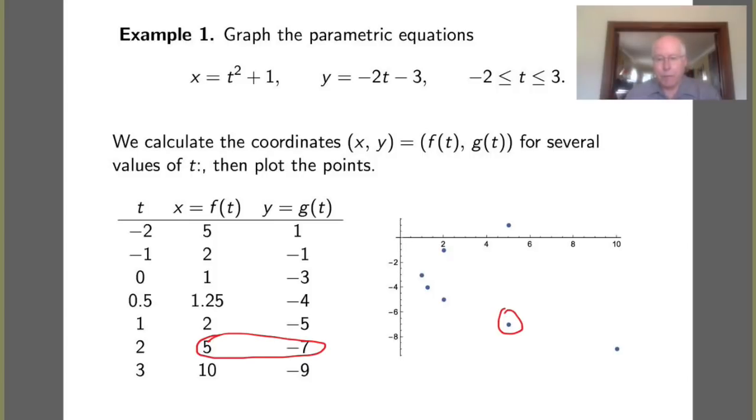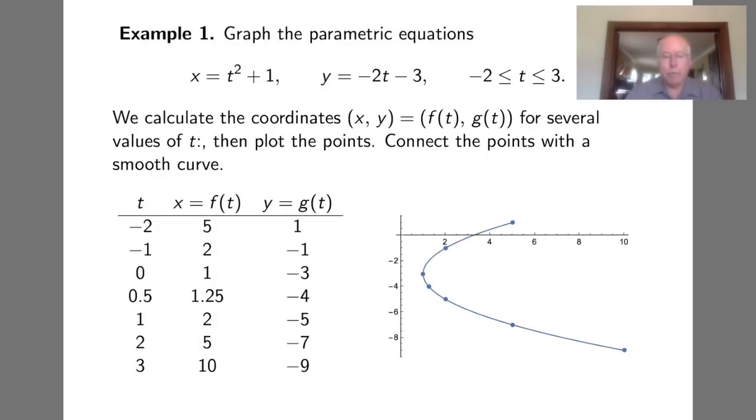And then, as we often do with these things, if we assume that the curve generated is a smooth one, which is generally the case if the equations themselves for x and y are nice and well behaved, then we can draw a smooth curve through these points and declare that to be the graph of these parametric equations. So in this case, we'd see a figure looking something like a parabola. As we'll see shortly, this really is a parabola that opens to the right.